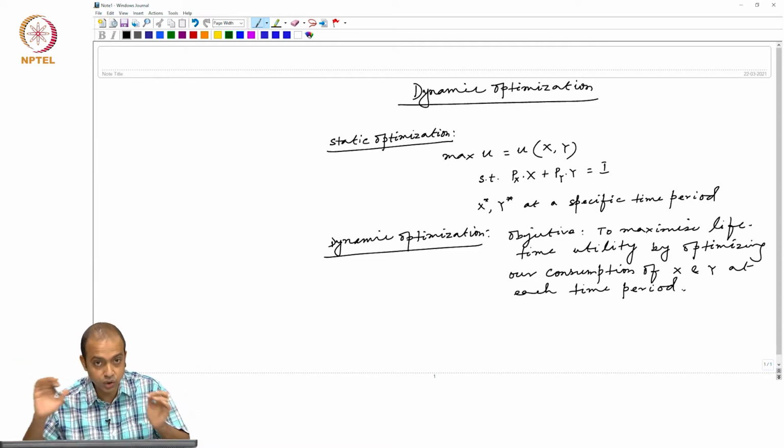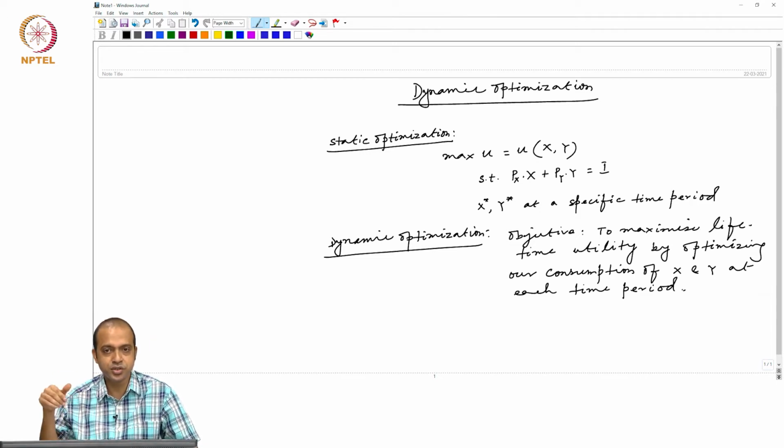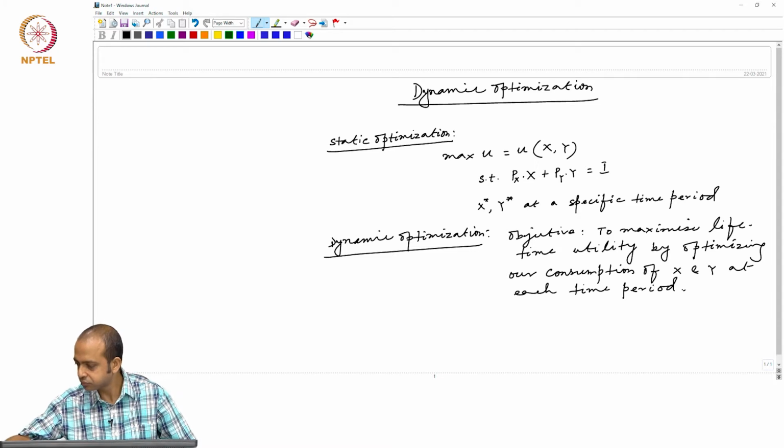That is what is called dynamic optimization. So, obviously, the process is much more complex than the simple static optimization, where you are interested in optimizing your utility at one point of time, right.